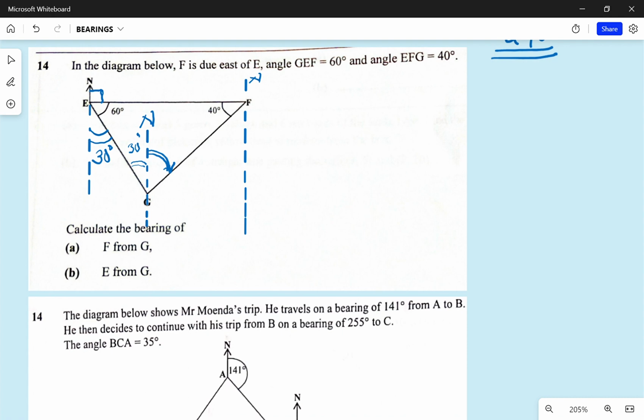Now angles inside a triangle add up to 180 degrees.